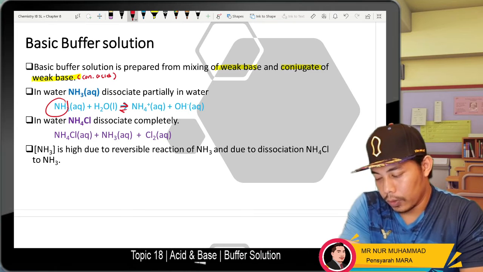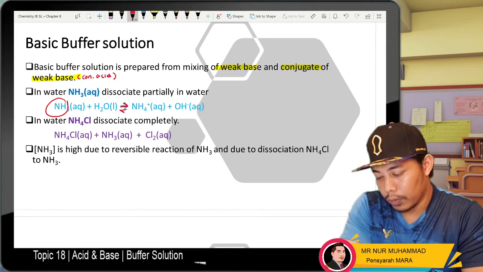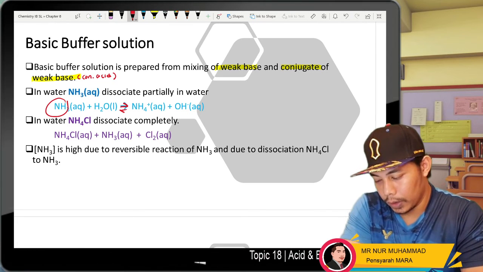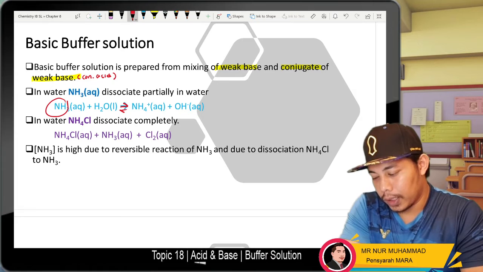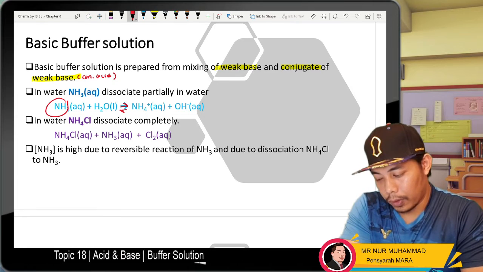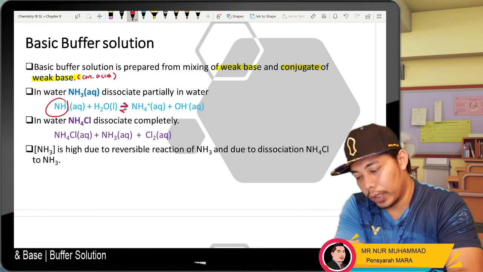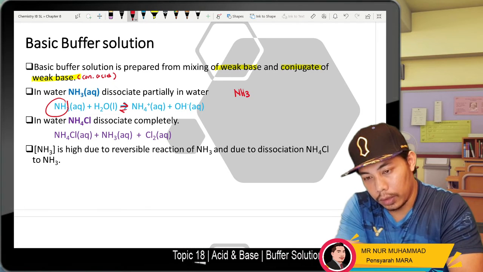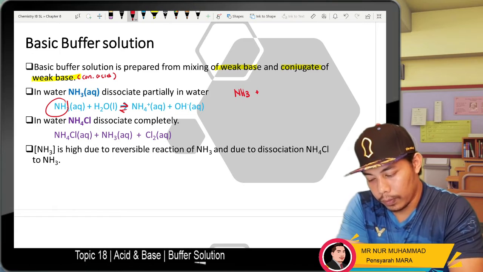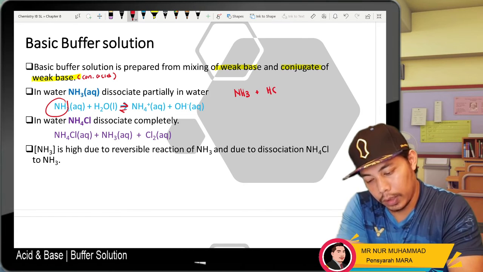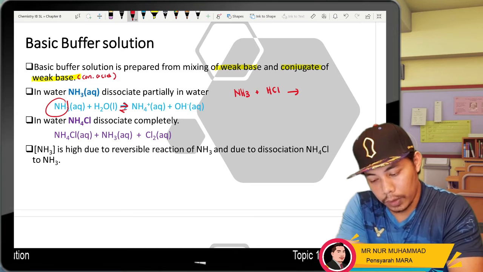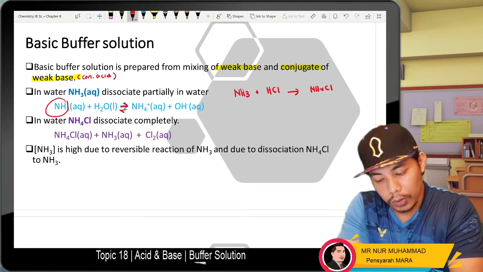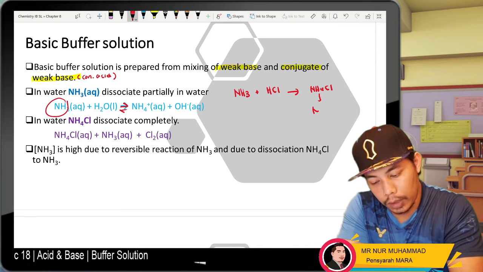Now, in water the ammonium chloride dissociates completely. Where does ammonium chloride come from? It comes from ammonia, NH3, reacting with, let's say, HCl, and the product is ammonium chloride.